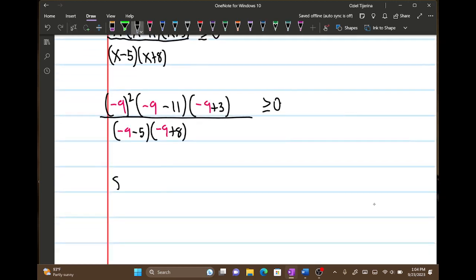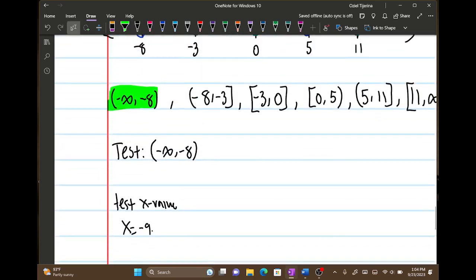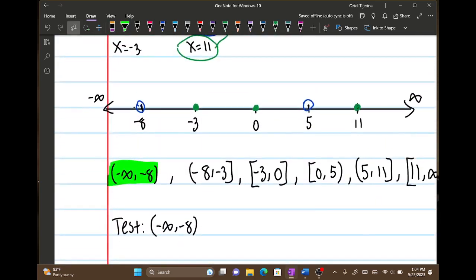So we have 81 times -20, I think, times -6 over -14 times -1. And as you can see, this is a positive over a positive. And if it's a positive number, that means it's greater than 0. So we know that it does satisfy the inequality.